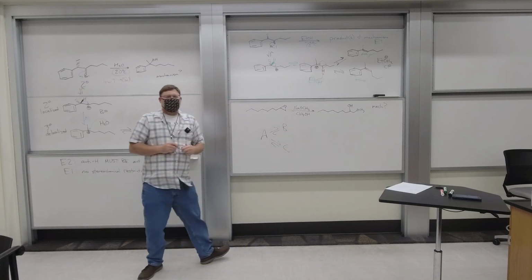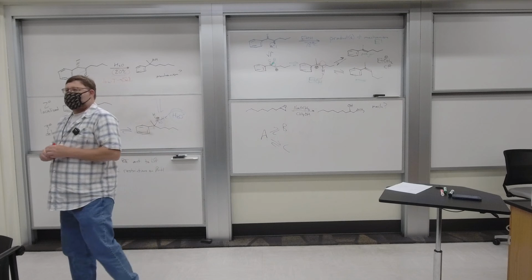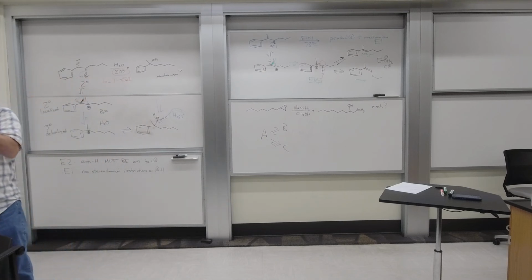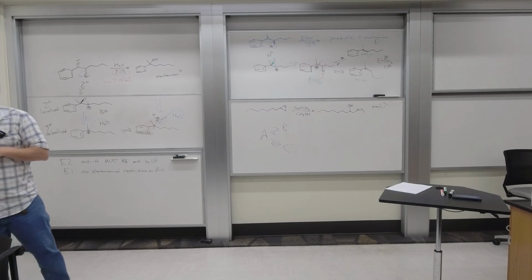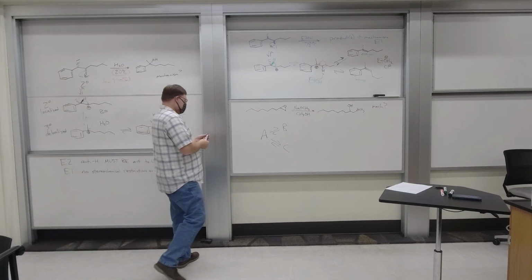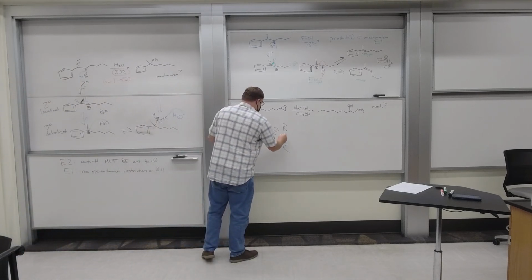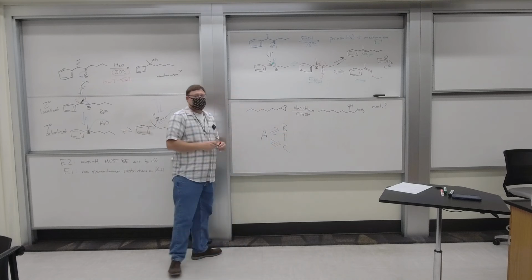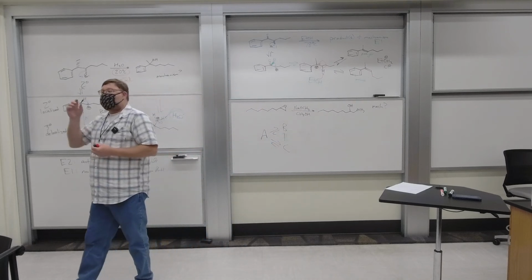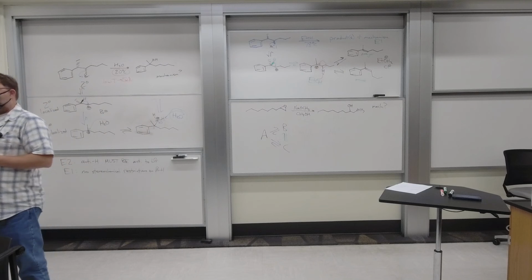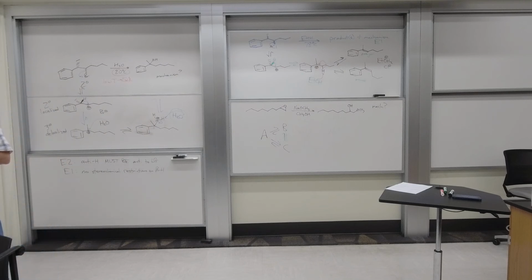Anytime you have a situation like this, I have some molecule A and it's in equilibrium with B and it's in equilibrium with C. What that means is B and C are also in equilibrium. B and C may not be able to directly go back and forth the way I've shown with that green arrow, but they can go back and forth through A. So as long as everything is in equilibrium, then everything is in equilibrium.